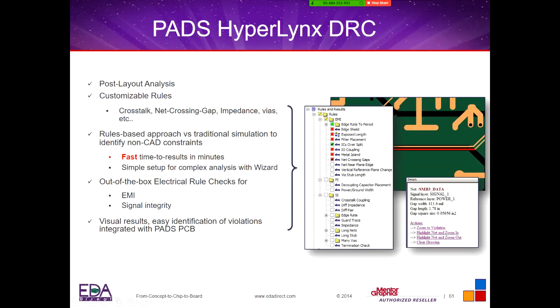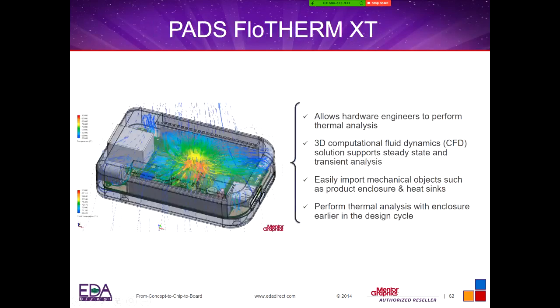This is going to be for checking for traces that might go over multiple power planes, nets crossing gaps, metal areas. You might have crosstalk coupling, differential pair impedance problems. So this is going to look through your design and find those errors for you quickly, and then you can update your design. So this is a pretty powerful tool, and I highly recommend everybody using this DRC tool.